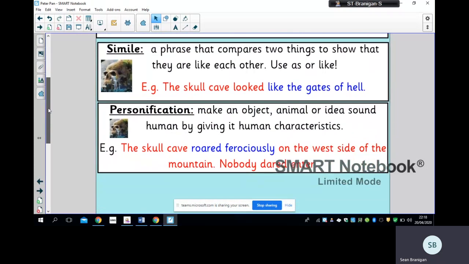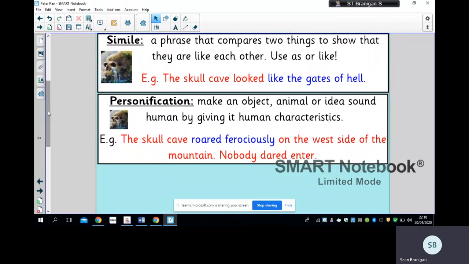And finally, I've gone for personification. When we use personification, you can actually see the word person hidden in it. When you use personification, you're making an object, an animal, or an idea sound human by giving it human characteristics. So making it do something that it doesn't usually do.